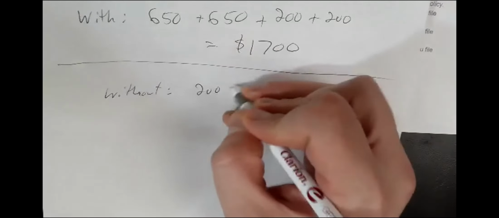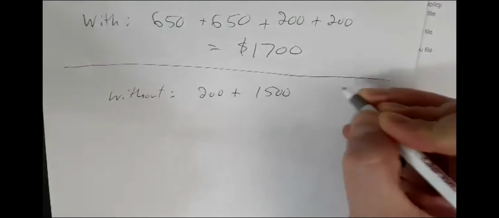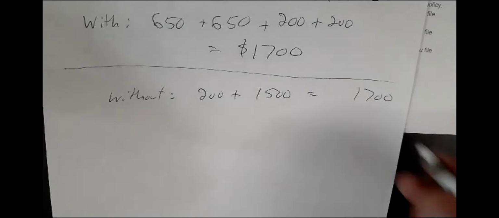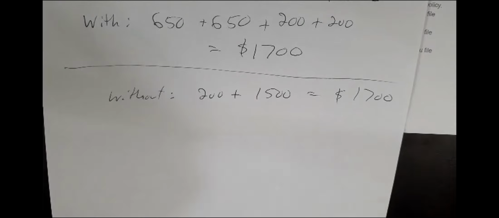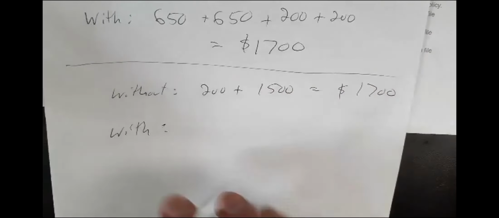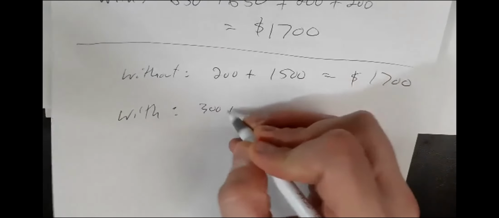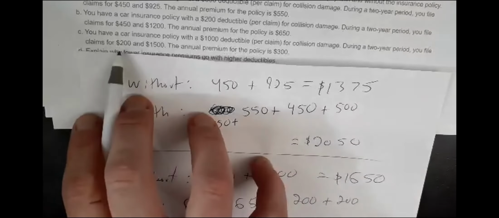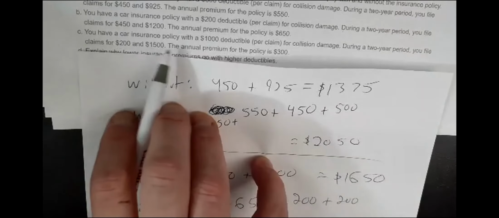So let's do the last one without. We're going to end up paying $200 and we're going to end up paying $1,500. So without insurance, the last one should be $1,700. With the insurance, I'm going to end up paying that premium twice for 2 years. So my premium was $300, and my deductible is $1,000. So I'm going to end up paying $200 here, and $1,000 on this one.